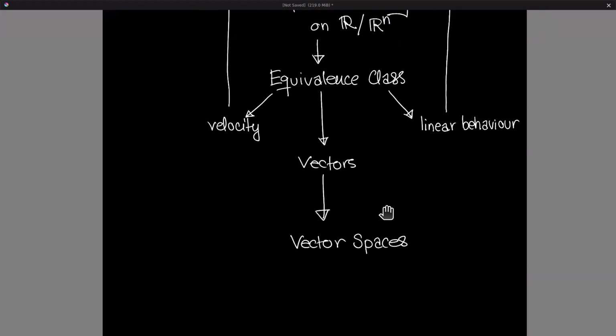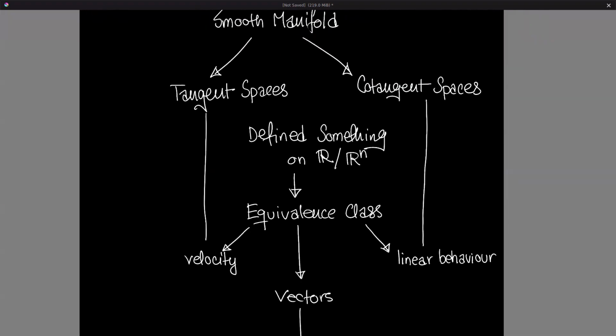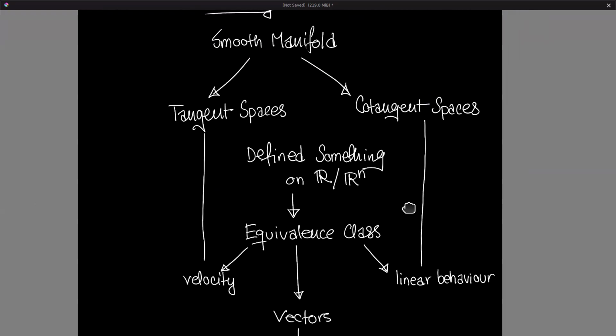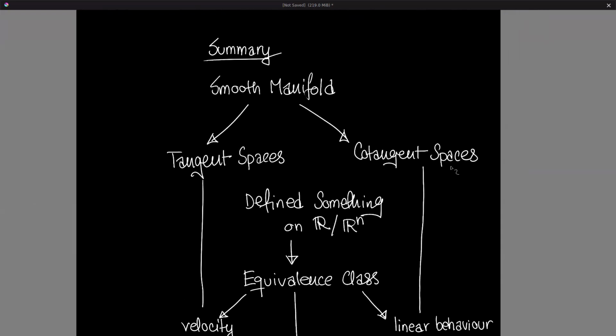So what was the note? The note was that we could have defined cotangent spaces differently. What we did was use the definition of a tangent vector, and then we used that, remember, in the directional derivative.